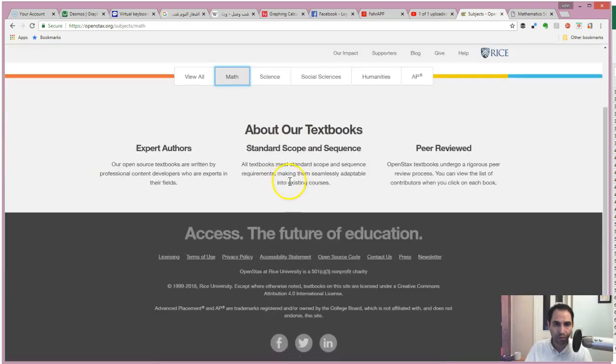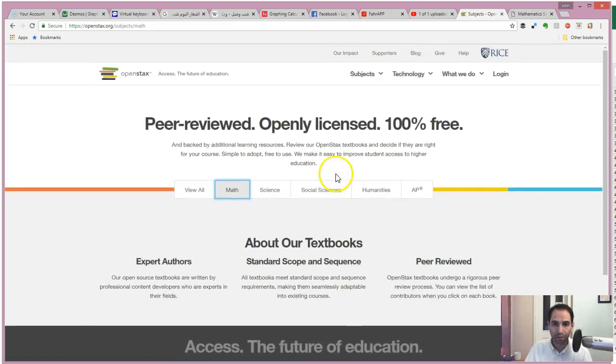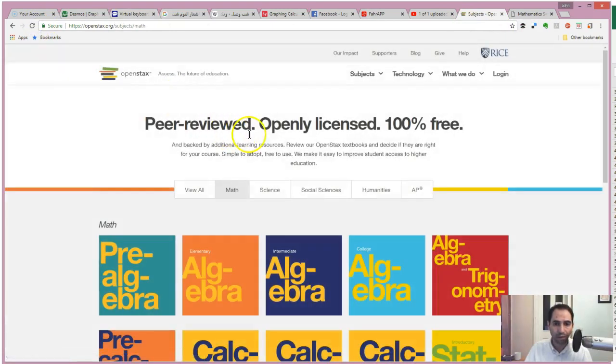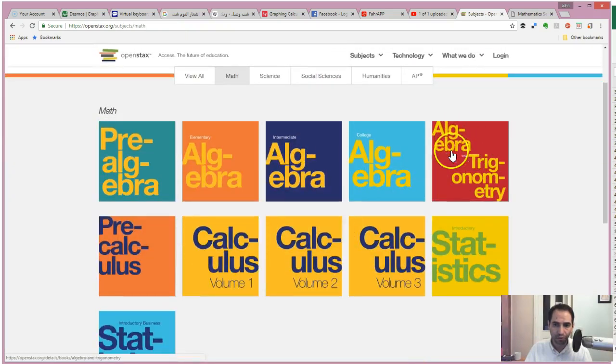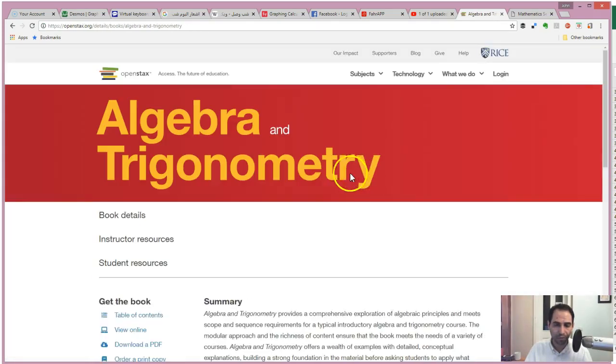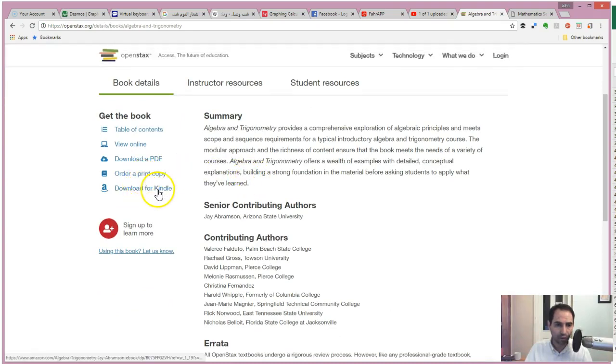Something didn't work properly, let me see. So if you go under subjects to math here, you can see there is a book over here, Algebra and Trigonometry, and you can download a copy of it, for example a PDF copy of this book. The book you can download free of cost and use it for yourself, of course.